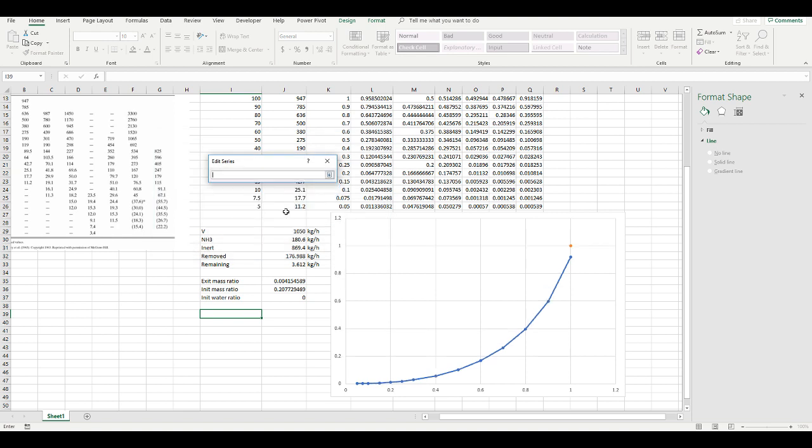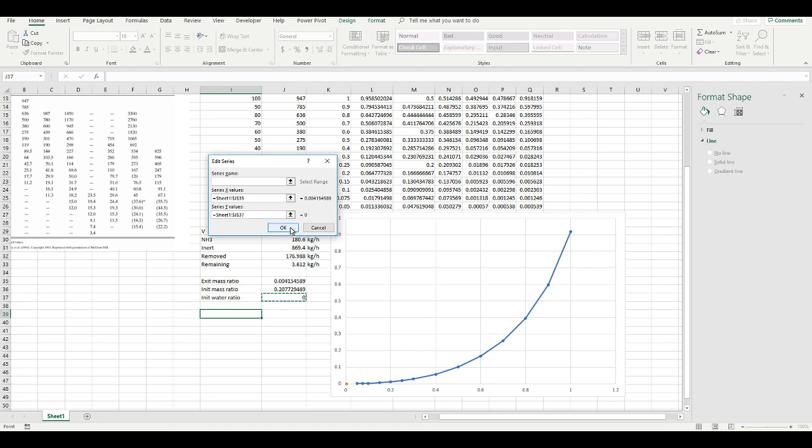So the mass ratio at the bottom of the column is going to be the exit mass ratio for the vapor, and the water mass ratio is going to be 0. It's going to be the initial mass ratio. So this would be the top of the column, actually. My apologies.